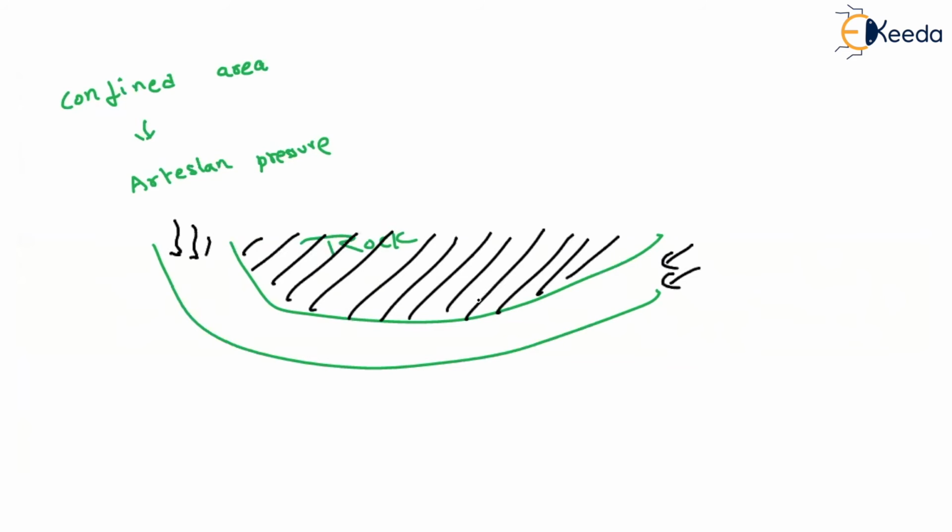As it is obtaining some head, the water will try to move up. But what will happen because of this rock? The water will not seep through. That means as the water is not seeping, there will be some pressure below the rock. That is nothing but your artesian pressure, right? That means even though the water may not seep through, it is having some head.